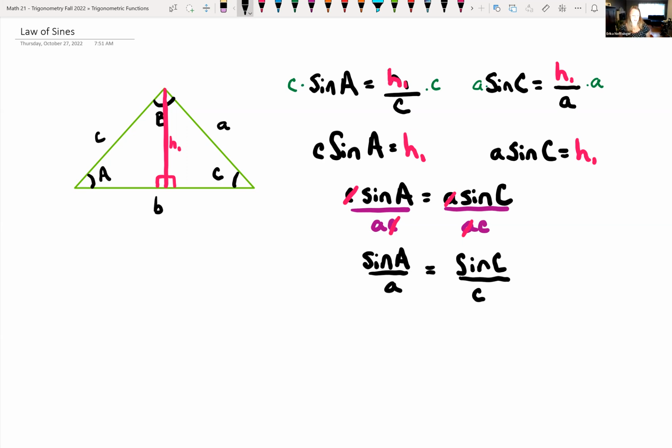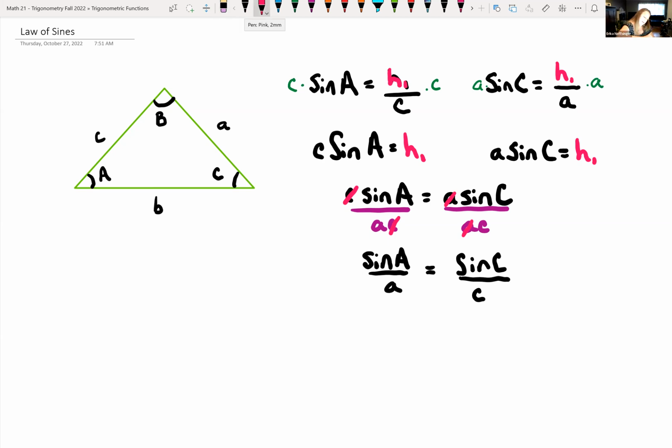So let's redo this, but now let's rewrite another triangle, or break this main triangle up into two triangles. So I'm going to get rid of my h1 for right now. And instead, let's say that we had chosen a different base.